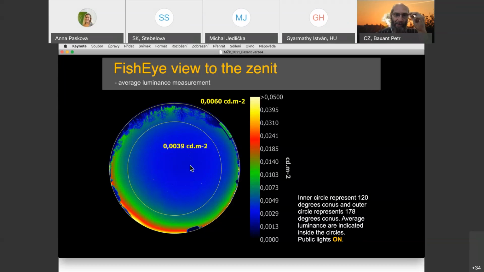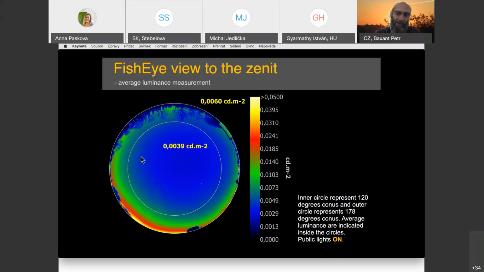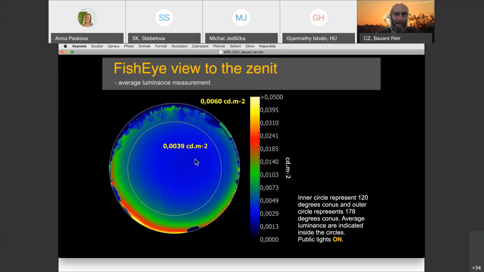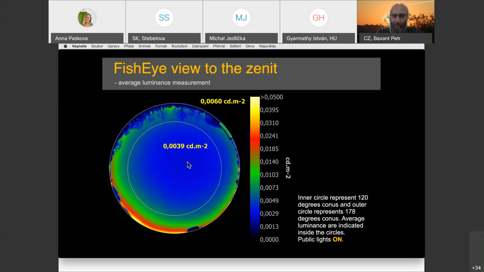We were fortunate that the moon in this case was really in the dark, and the moon didn't affect our measurement. So it was a very nice situation that we could measure just the sky without the moon's influence, just with the public lights. So the constellation was very, very good.